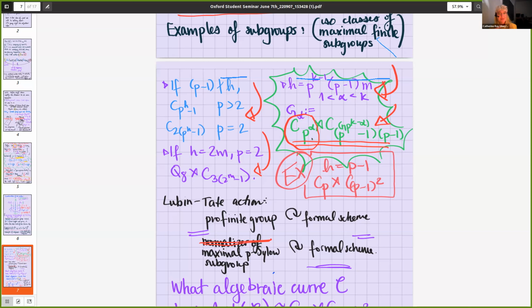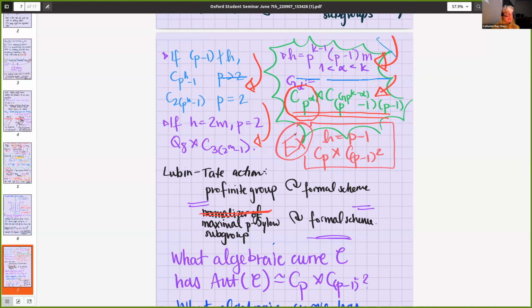For example, if we have a map of a curve C to P1, then the automorphisms of this cover will be the Galois group of the function field of the curve C over the function field of P1, which is just a one-dimensional function field.